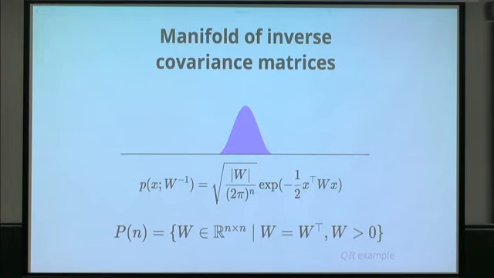So of course, that induces a metric on this submanifold of Gaussian distributions, and that's exactly the one you get. So that's very nice. So actually, you can think of this as a flow on the space of Gaussian distributions.